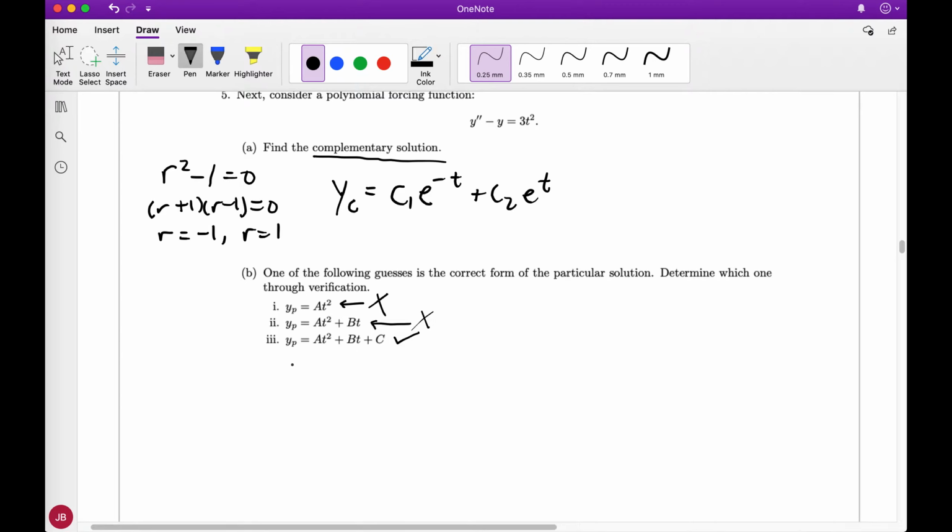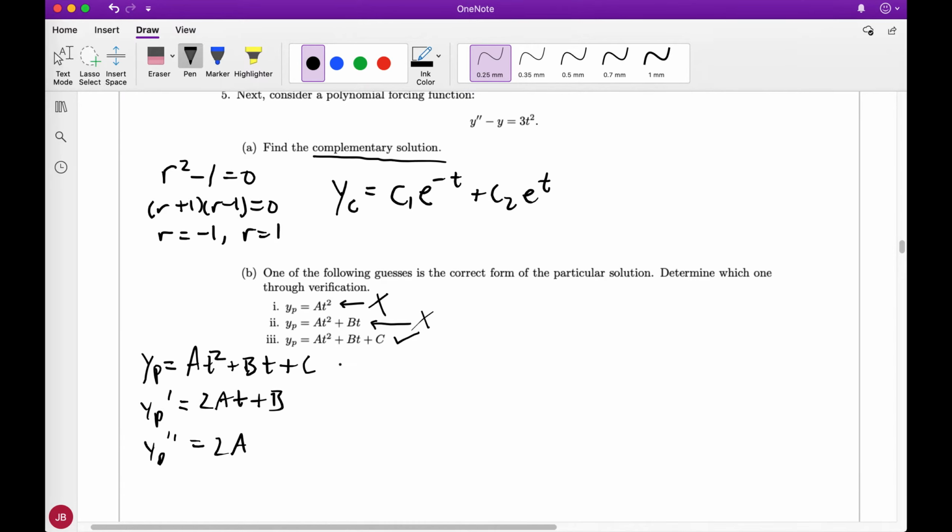So pretend that you had some enlightening moment during class that revealed this for you, but we're actually going to do that right here. So let's take our quote-unquote guess here, which I'm telling you what it is, but let's work it out and see if we can find what a, b, and c have to be.